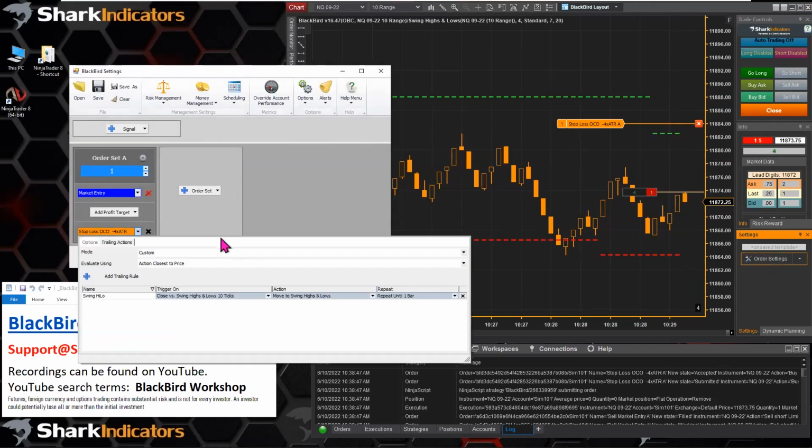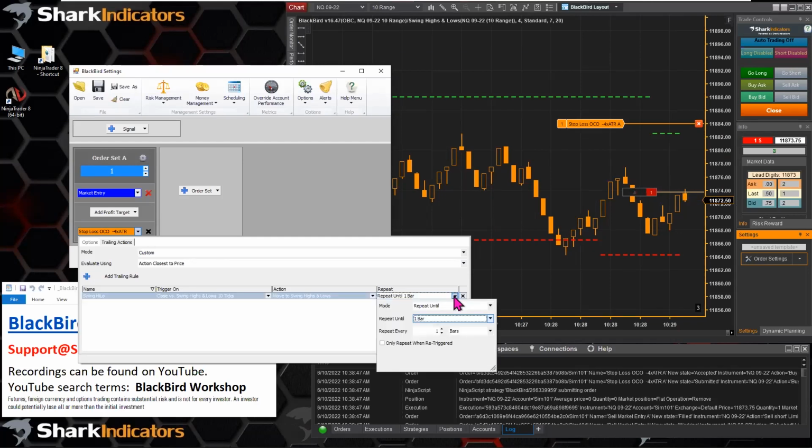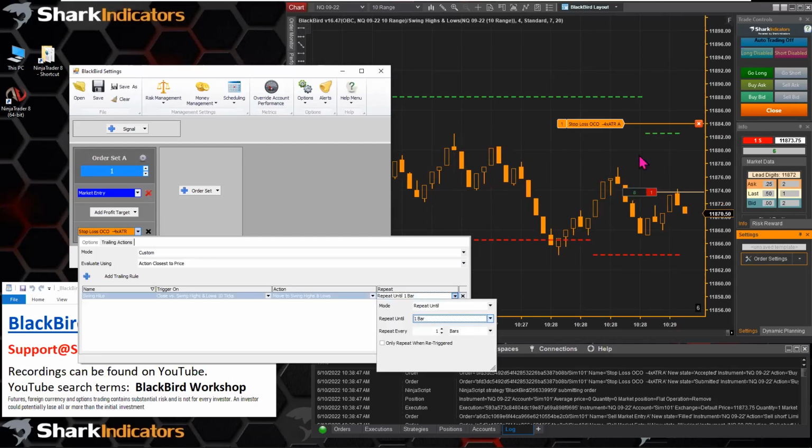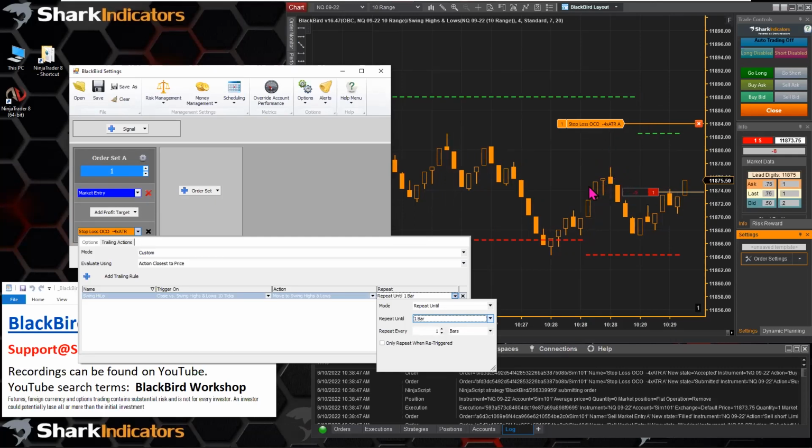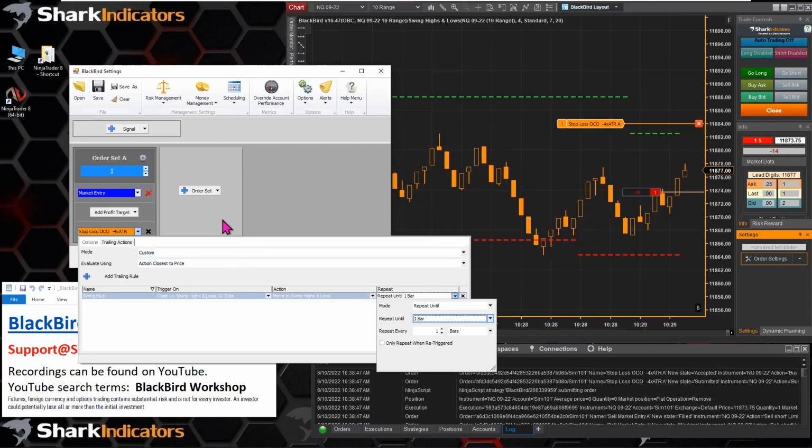To illustrate, I used the repeat until there, and I gave it only a 1 bar opportunity. And obviously this swing low moved down several bars after getting into the trade. So that's how you could restrict it.